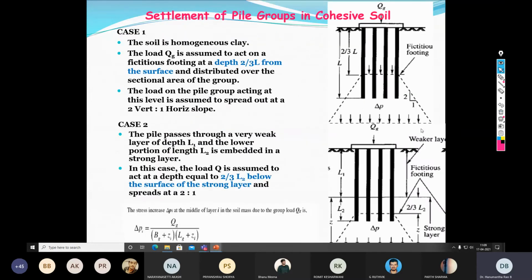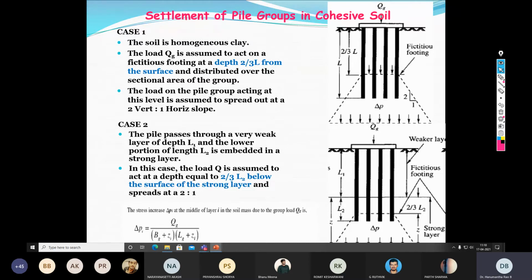So I repeat again. In case one, the soil is relatively hard strata right beneath the pile tip, and the skin friction develops throughout the length of the pile, that is L. In this case, the location of the fictitious footing is assumed at 2/3 of L, measured from the top, not beneath the pile tip. In the second case, the pile is passing through two soil strata having depths L1 and L2.